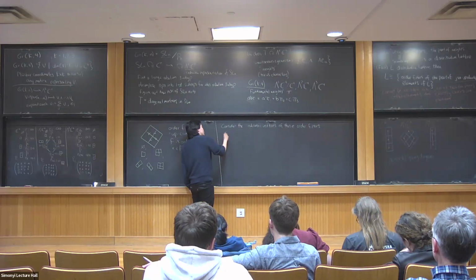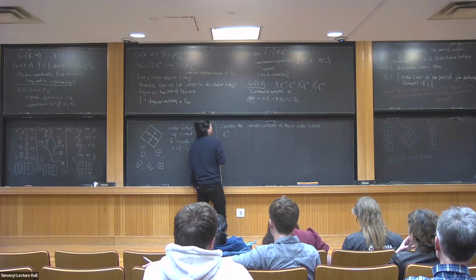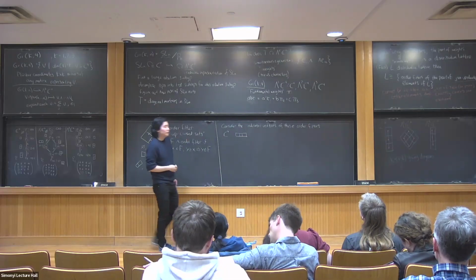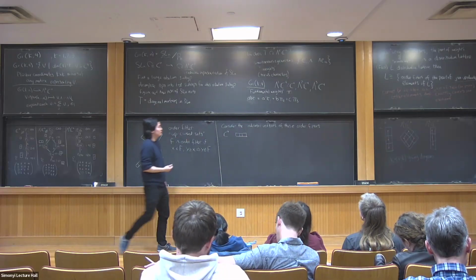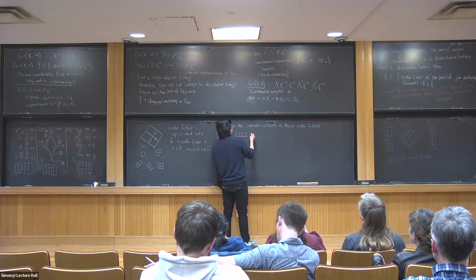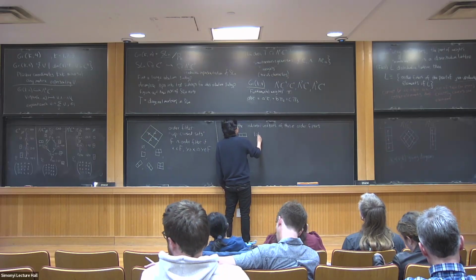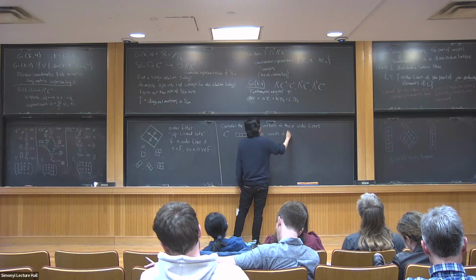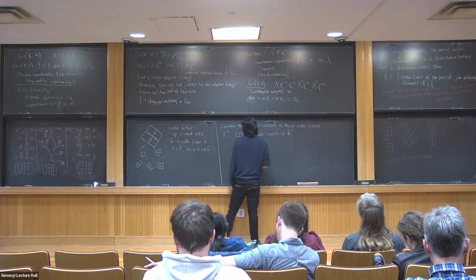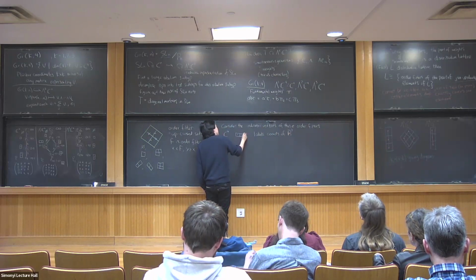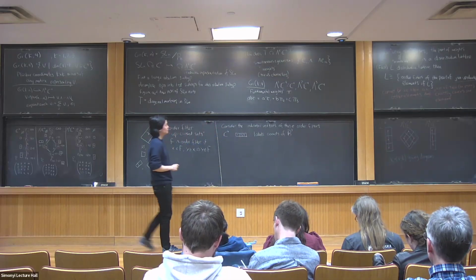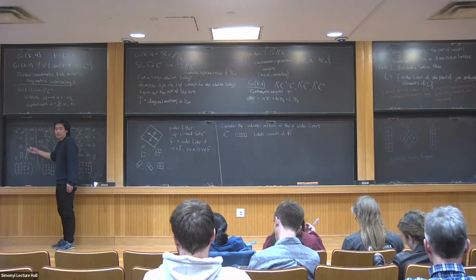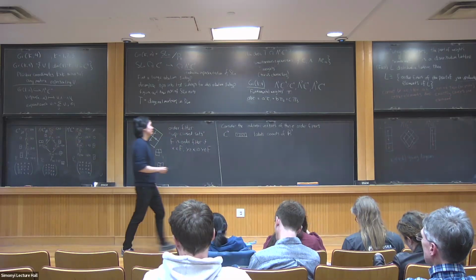In the C4 case, I'll think of each box of my Young diagram as labeling some coordinate of R3. I'll label them 1, 2, 3. And I take each one of these and write down the indicator vector of whether that element is present.